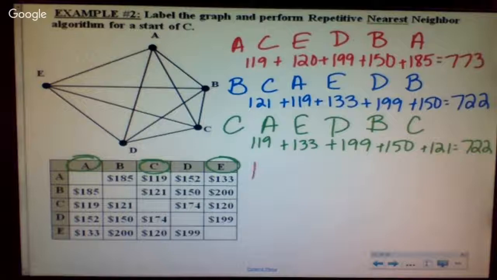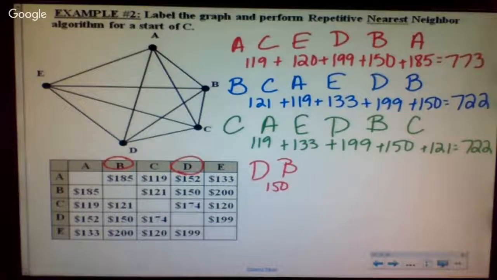Okay. I need to do the same thing and start at D this time. If I start at D, my first stop is B, 150. From B, I then want to go to C, 121. From C, I either can go to A or E. A, 119.